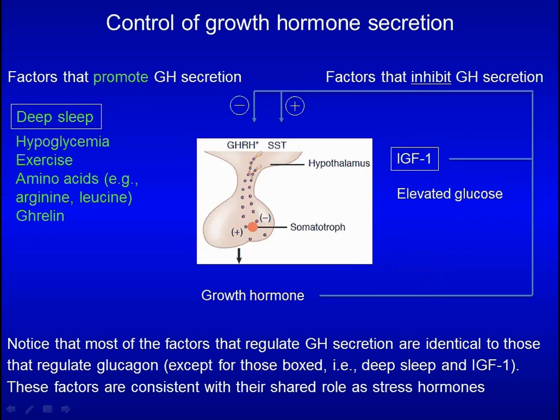They inhibit growth hormone secretion by inhibition of growth hormone releasing hormone release and increased release of somatostatin. Please note, except deep sleep and IGF-1, most of these other factors that regulate growth hormone secretion are identical to those that regulate glucagon secretion.